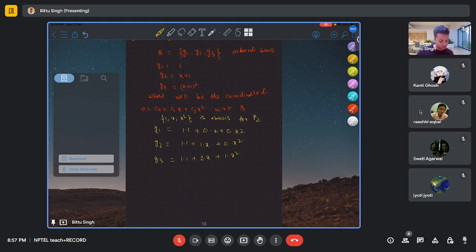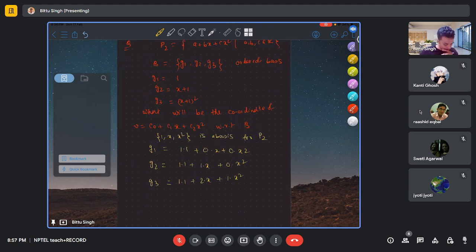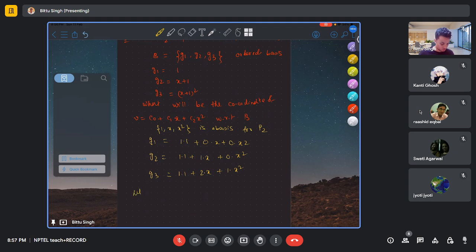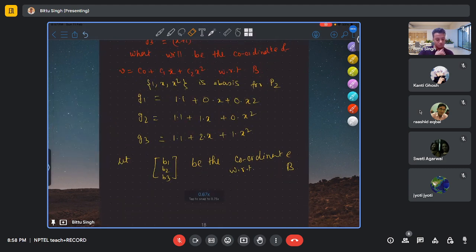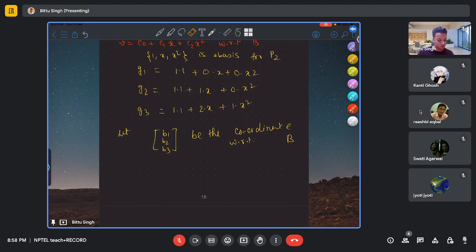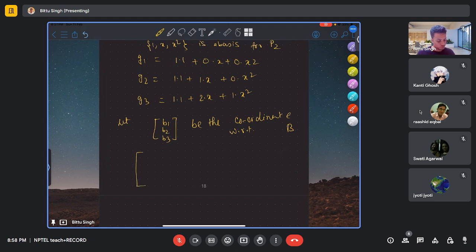Now suppose B1, B2, B3 be the coordinates with respect to the new basis B, the given basis B. Then, as you have seen in the previous example, you may write those coefficients in columns.